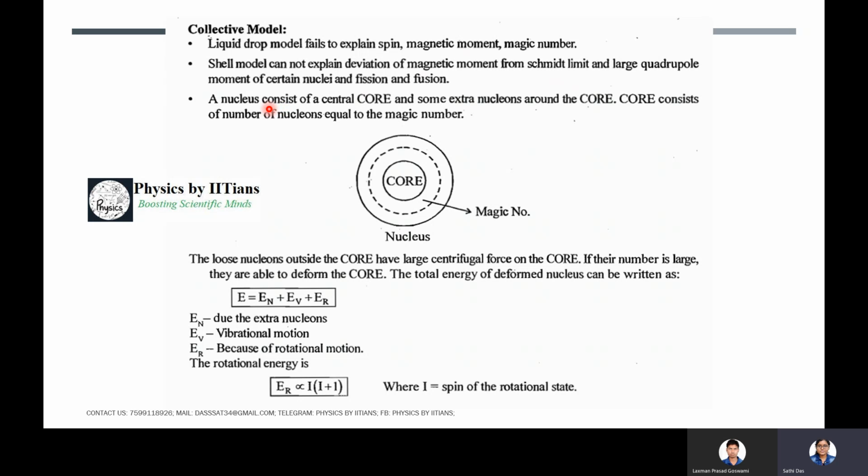Here in this collective model, we assume that the nucleus consists of a central core and some extra nucleons. Suppose this is the central core, and around this core there are a number of nucleons that are extra, and within this core there are a number of nucleons. These numbers are the magic numbers.